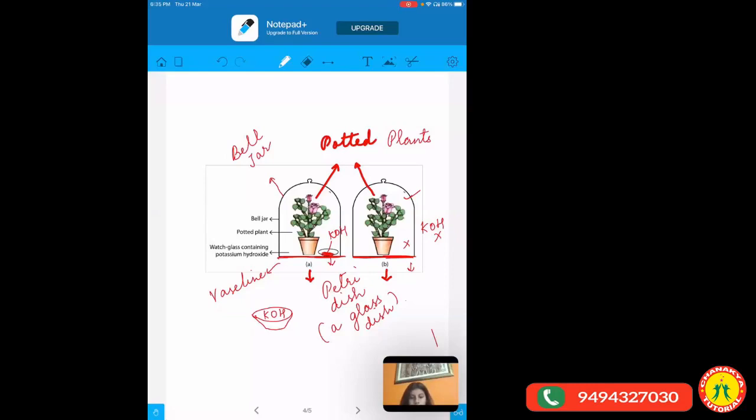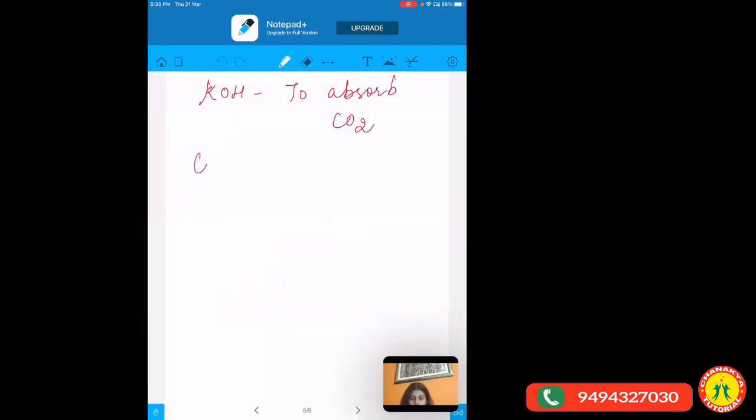After some hours, in the A setup the plant will die because of the absence of CO2, whereas in the B setup nothing will happen to the plant. So hence proved that CO2 is necessary for photosynthesis. By doing this experiment, it can easily be proven.